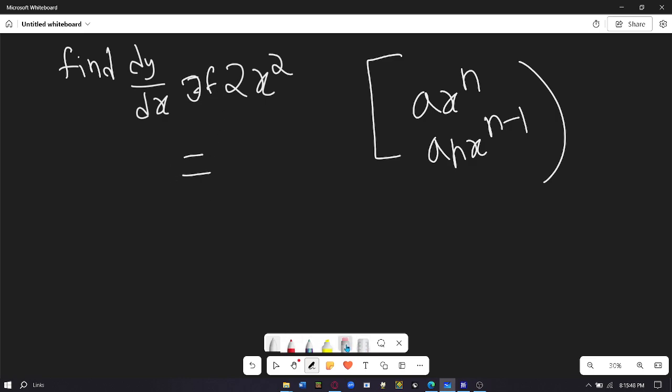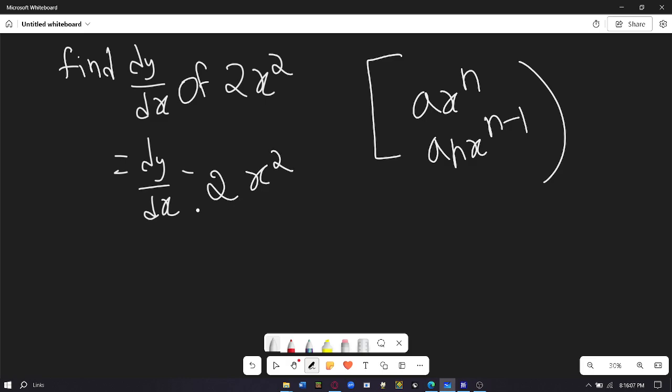Before you begin, a little important thing to keep in mind is that when you write down the question, you say dy by dx, then an equal sign, and then write 2x squared again. This is actually wrong. Please do not do this.